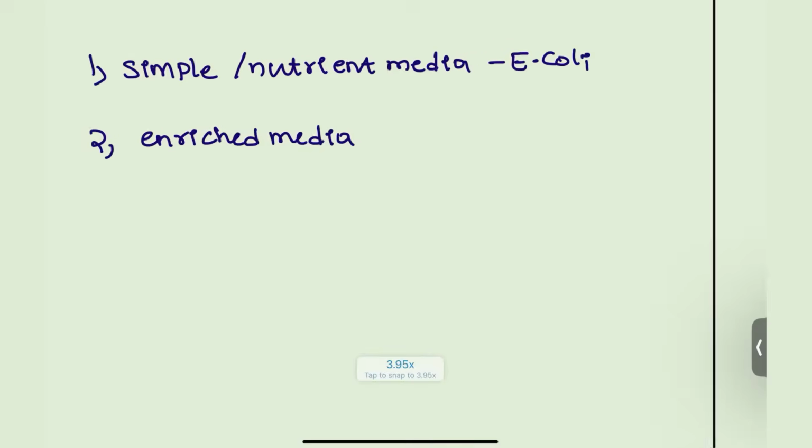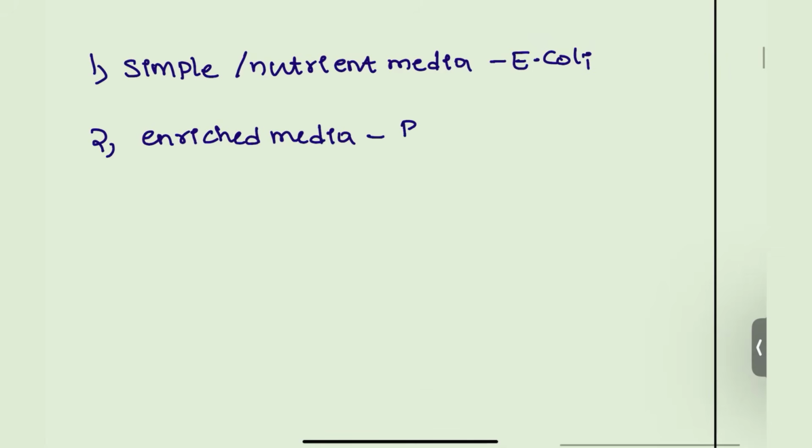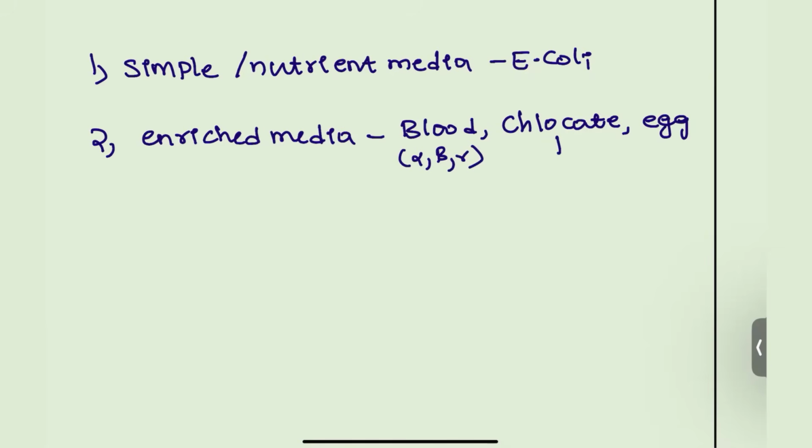Here you have the blood agar, the chocolate agar, and also egg media. The blood agar is subdivided into alpha, beta, and gamma. Chocolate is used for the Haemophilus, and the egg media is for the Corynebacterium.